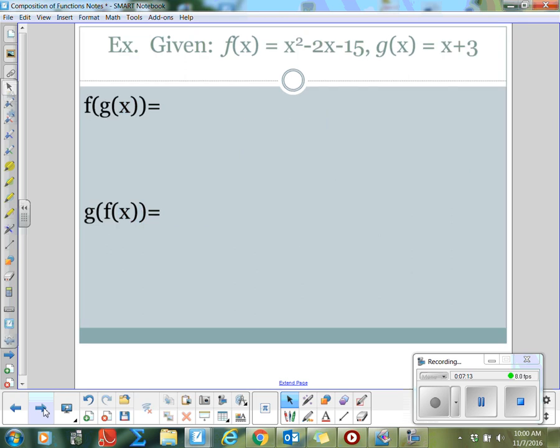Last set of functions will require a little bit more algebra, but the same composition or embedding process. I'm going to embed g of x into f of x.